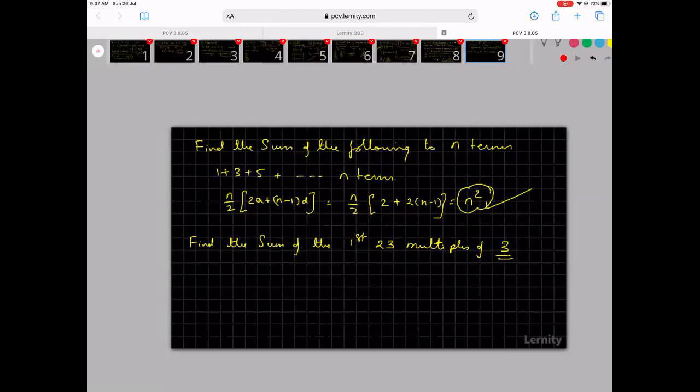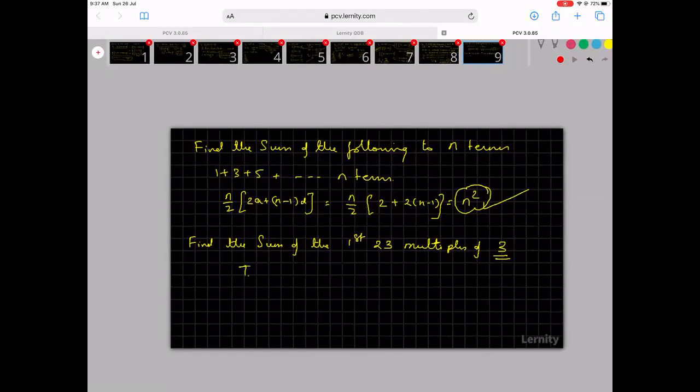So the way you can go ahead is I am asking you for T23. So T23 will become equal to 22 into 3, since the first term will be 3. So 22 into 3 is 66 plus 3 is 69. So the answer is 23 into 3 plus 69 by 2.